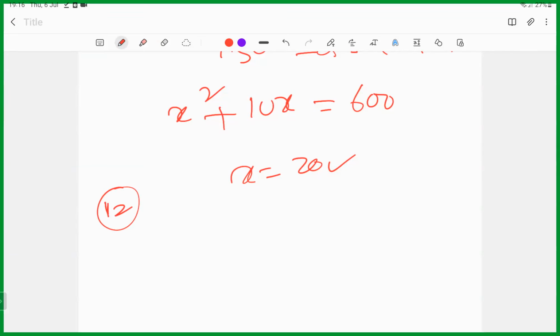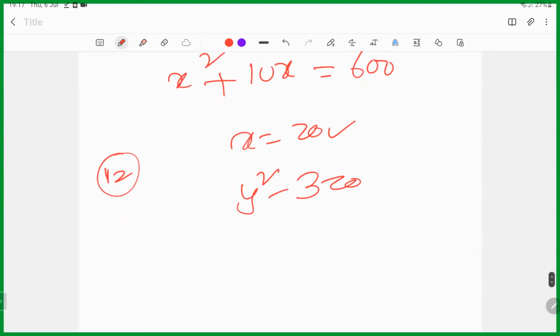Now you understood, huh? y square minus 3 equal to 0. a equal to?